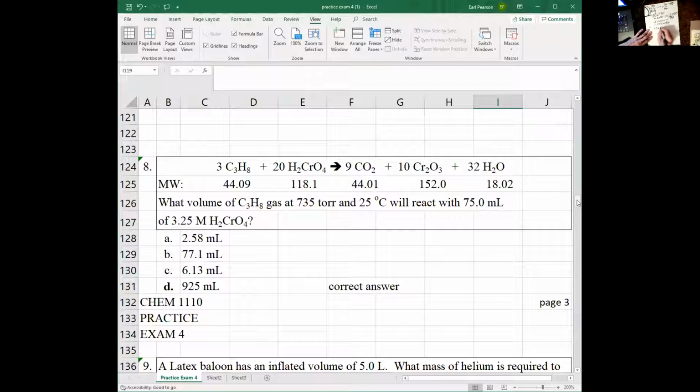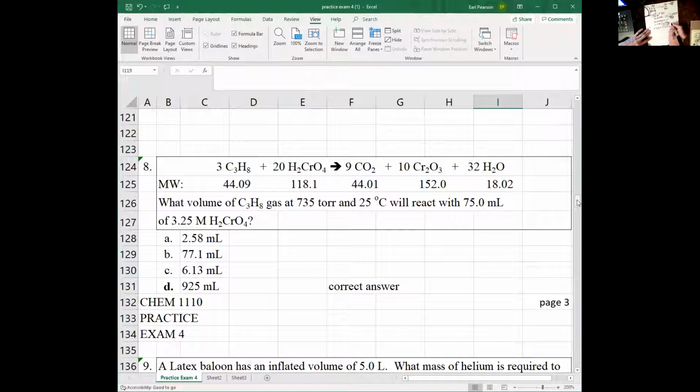So it's 3 C3H8, and we're reacting that with 20 H2CrO4. And now we're reacting 75 times 10 to the negative 3 liters.